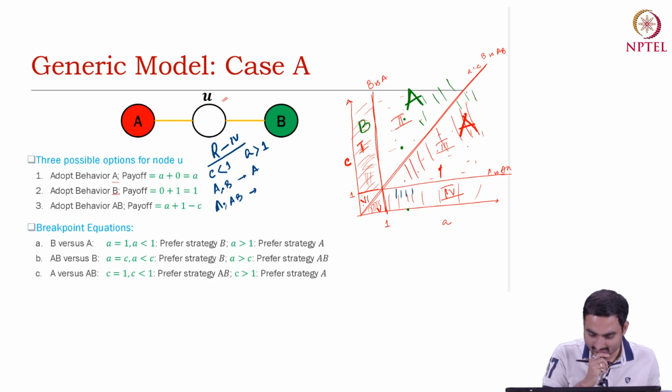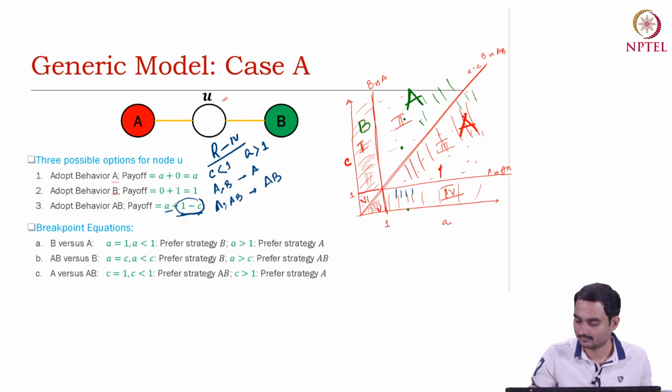Let's look at it. Here 1 minus C, where C is less than 1, would be positive. So A plus some positive component would be greater than A. So AB will be chosen. This would be AB.